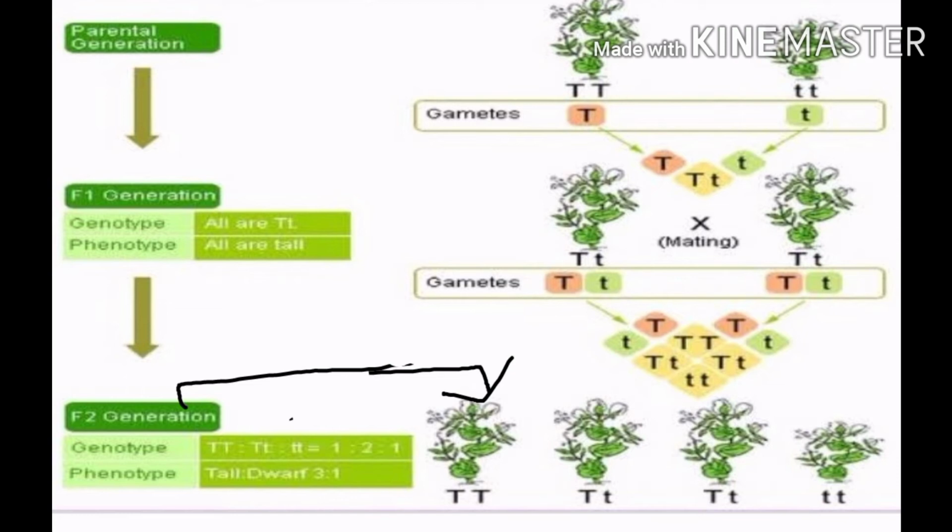All the plants are tall and having the genes of the type capital T, small t. They are crossing among themselves, producing the offsprings. Some are tall plant and some are short. This offspring are called F2 generation or second filial generation offsprings.